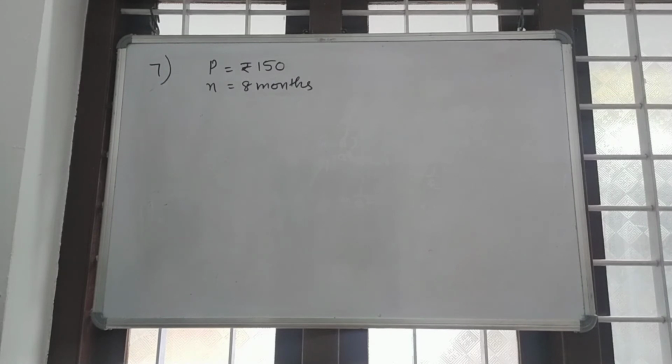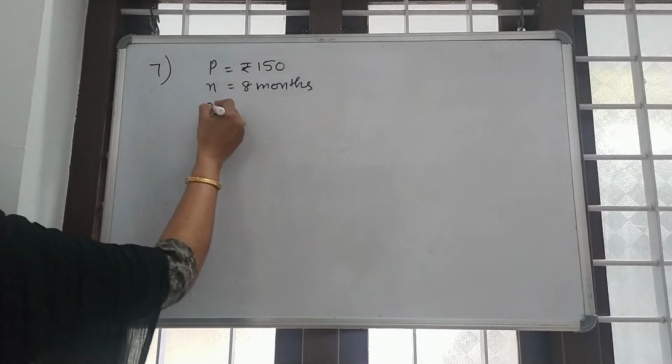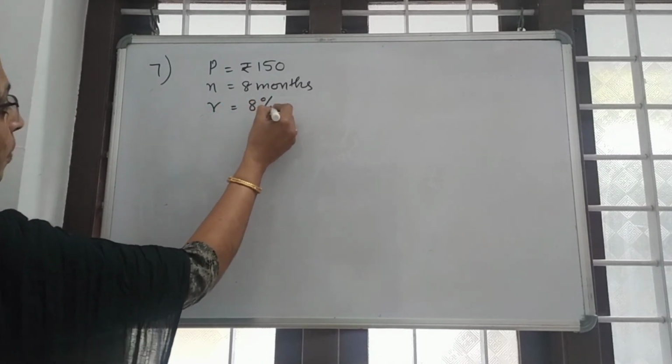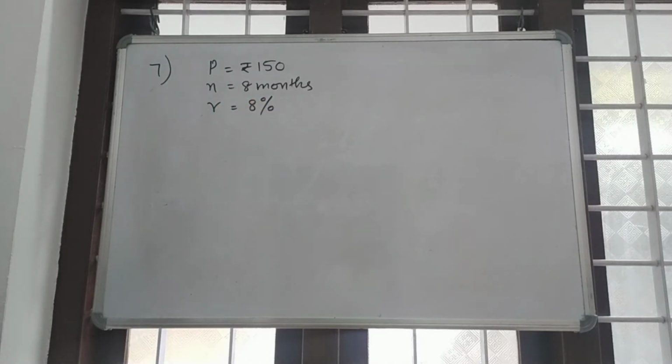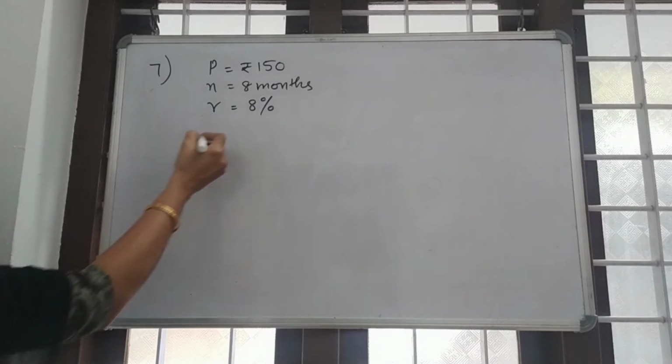And the rate of interest is given as 8%, so we can write R is equal to 8% per annum, and interest is calculated at the end of every month. We want to find the maturity value of his deposits.